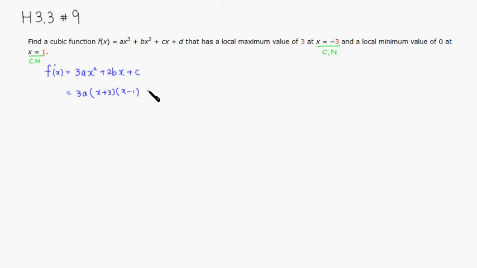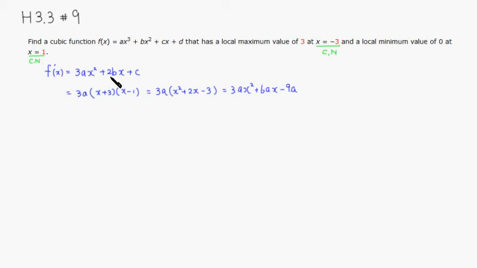You have 3a times x squared plus 2x minus 3. Multiplying that out, you have 3a x squared plus 6a x and a -9a.